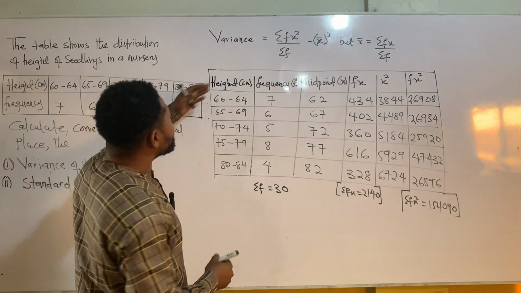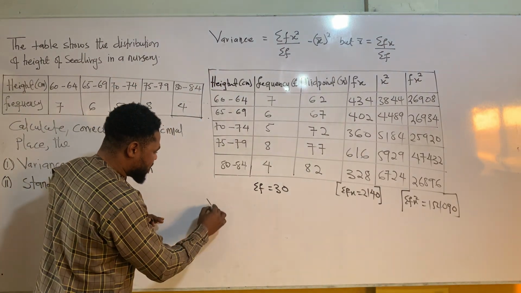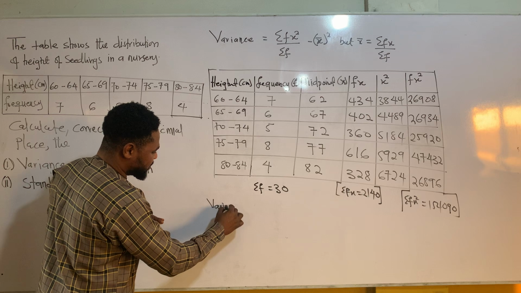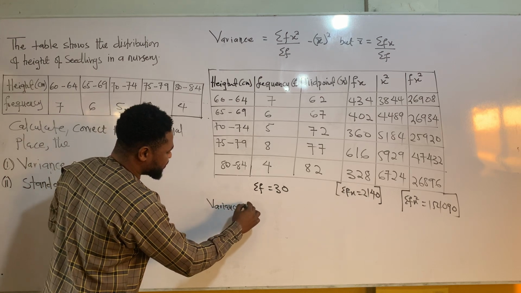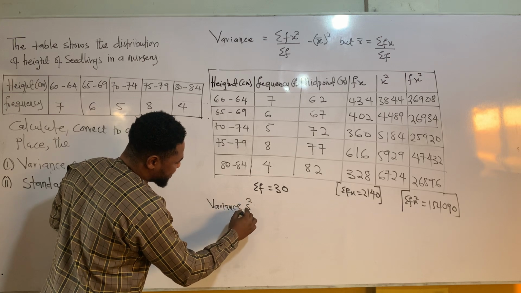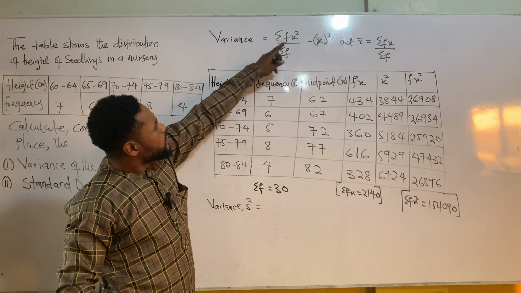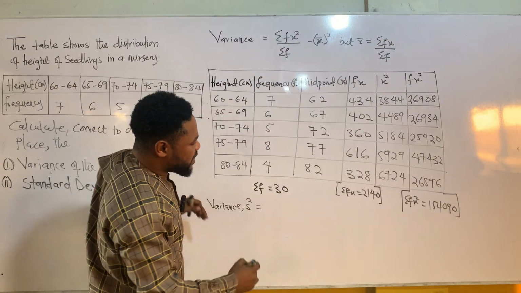So first of all, we want to look at the variance. All right, so we write variance nicely, which is square of the standard deviation is equal to summation of f of x squared.